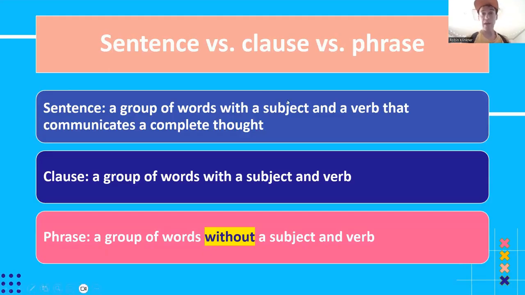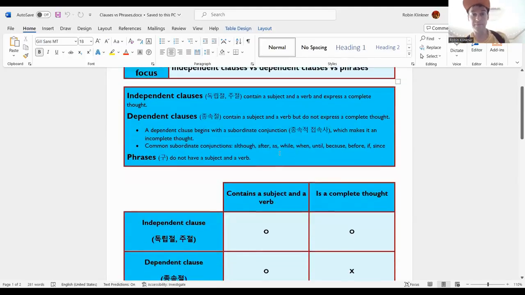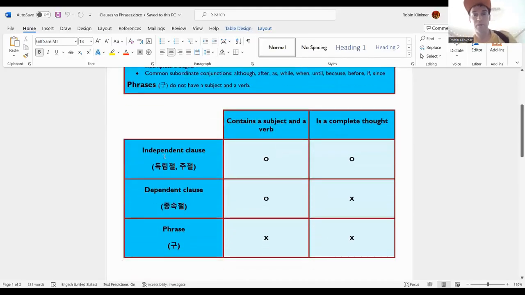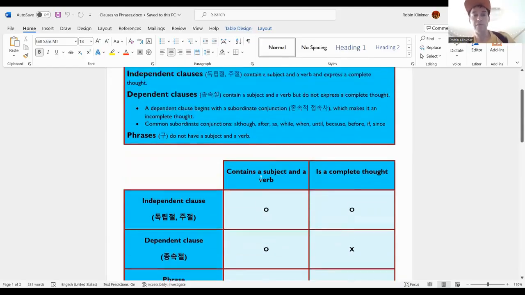So a sentence and a clause, they both have a subject and a verb. A phrase does not have a subject and a verb. All right. So I just want to point out in the clauses versus phrase handout, you can see this chart. We're going to talk about this chart very soon.